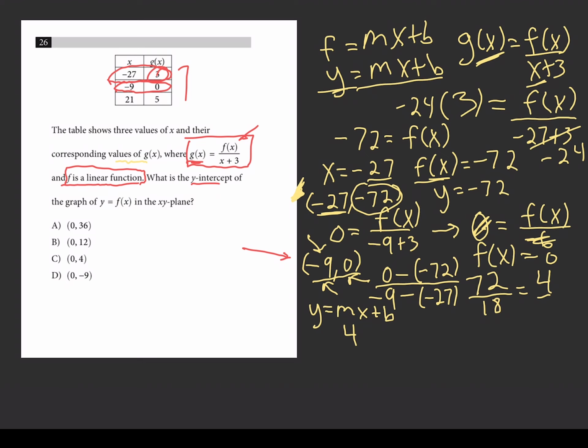Let me plug in -9 for x, and then I got a 0 for y when I do that because that's the y coordinate. But what I don't know is b. What does b come out to be? So this is a 4 times -9, you get a -36. So we end up getting a 0 is equal to -36.